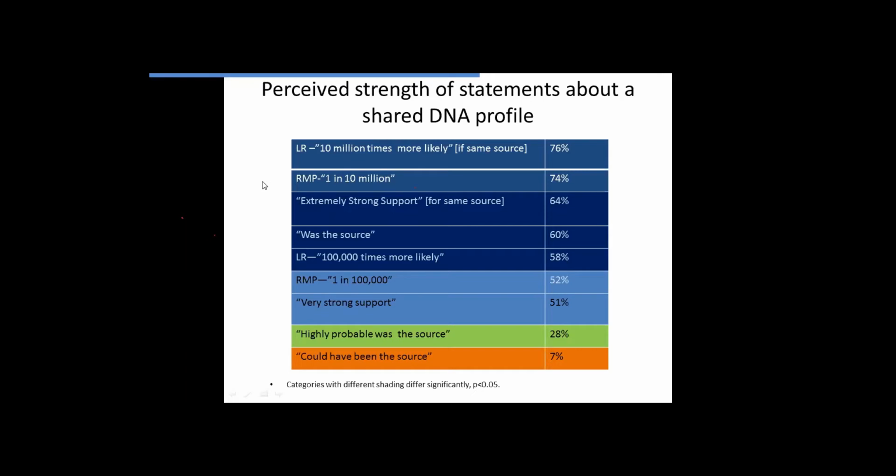And so source probabilities would be things like, was the source, highly probable is the source, could have been the source. And what we see here is a ranking of the statements in terms of which statement most often prevailed when paired with each of the other statements. So each statement was randomly paired with all of the other statements.